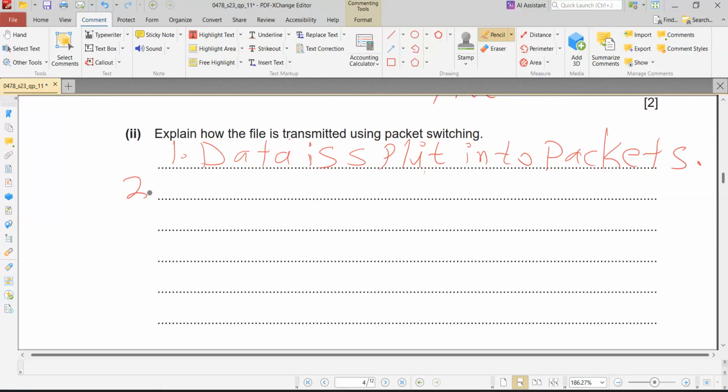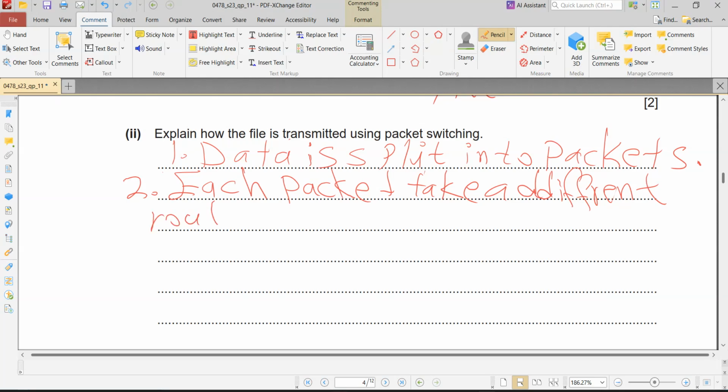Secondly, each packet takes a different road, and this road is controlled.